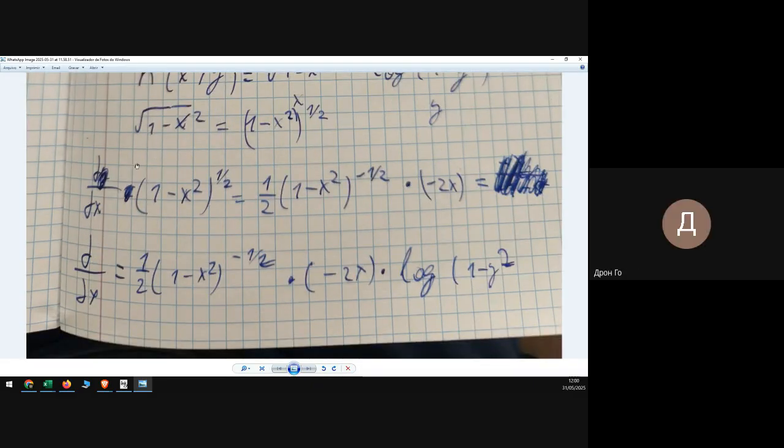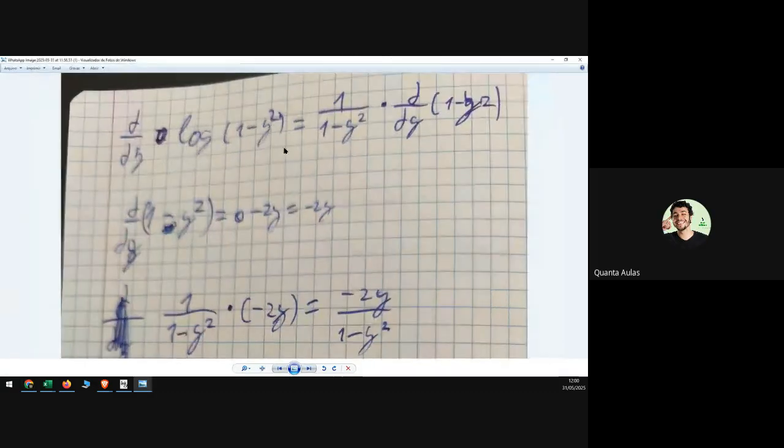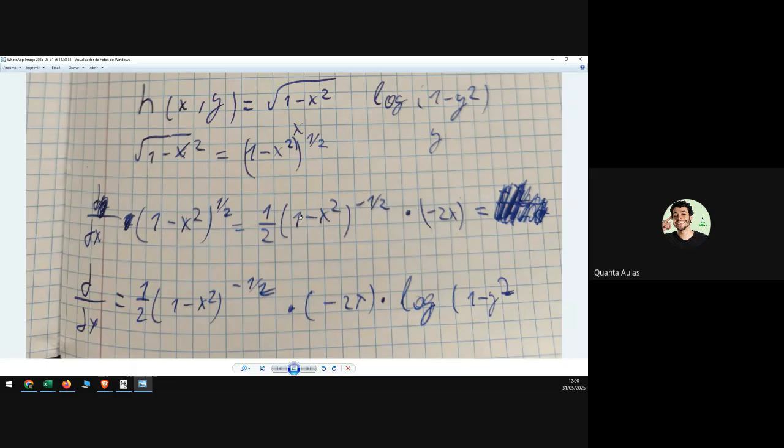I wrote it in the next equation there. But you don't show me the right answer. What you did here is right, but you need to put more things here to get the right answer.